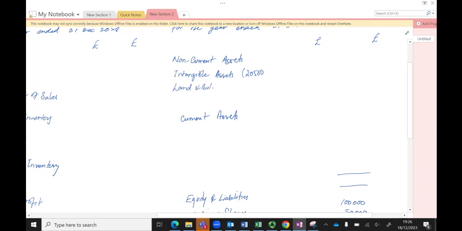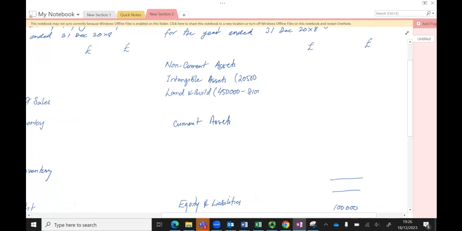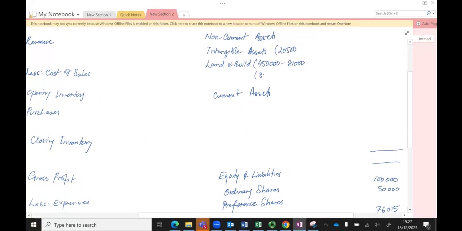Land and building minus 81,000. So 81,000 is the accumulated depreciation. I will leave the bracket open because I will be calculating the depreciation charge for the year. Plant and machinery 82,000 and accumulated depreciation is 18,000.